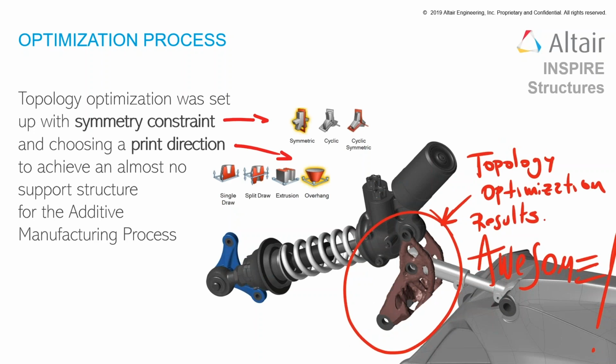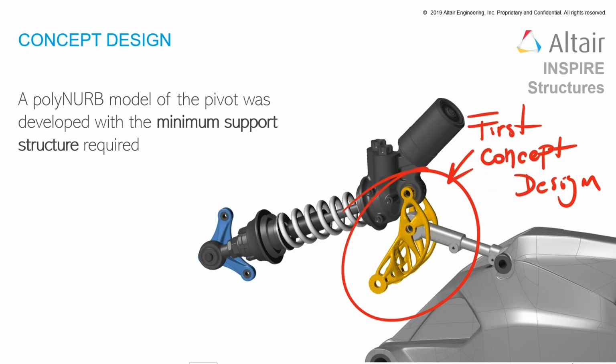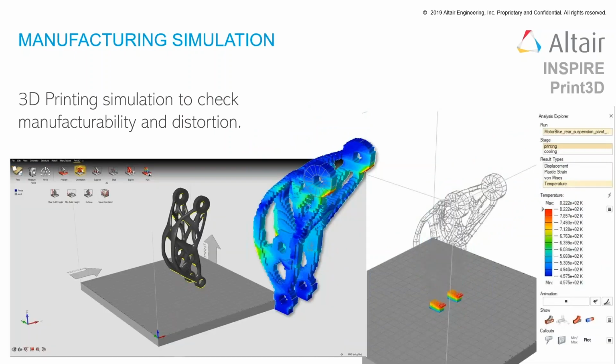We will use a topology optimization analysis, and we will create some shapes based on the material, loads, and manufacturing constraints. In this case, I'm setting some constraints for 3D printing. So the part we are getting from the topology optimization is a 3D printed part, which will use minimum support, etc., and we can simulate the 3D printing process.